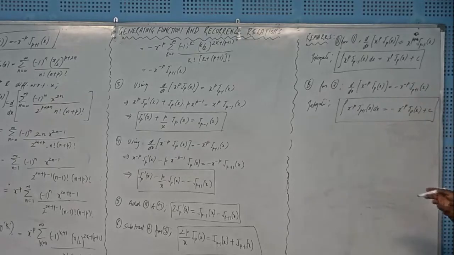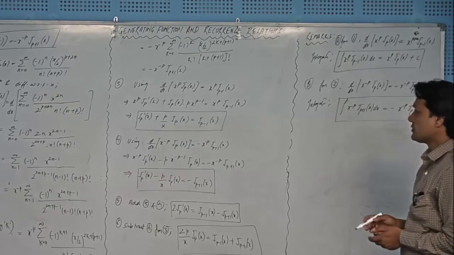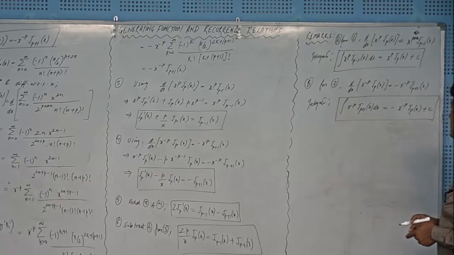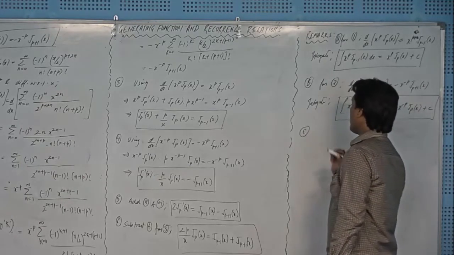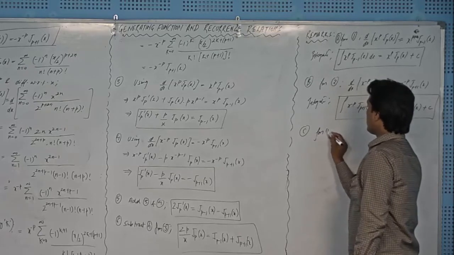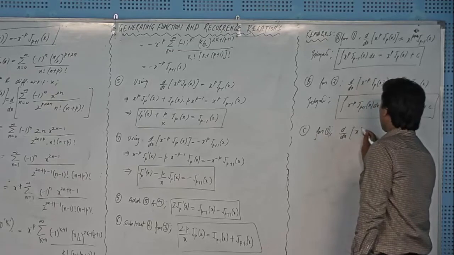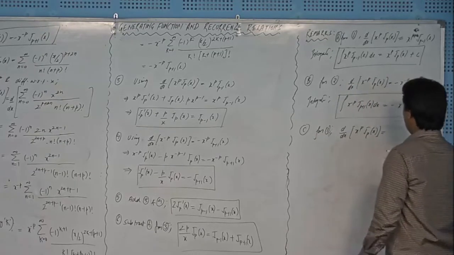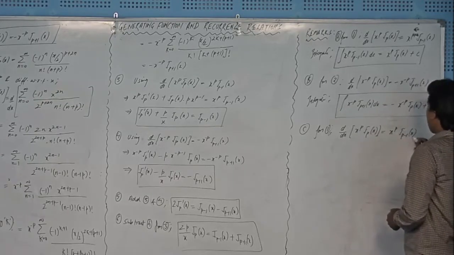So you have 2 new results, and further you can always substitute in those first and second recurrence relations p equal to 0, 1, 2. I will do that. That will be my third remark number C. If you write again from the first, d by dx of x to the power p J_p(x) equals x to the power p J_{p-1}(x), right?